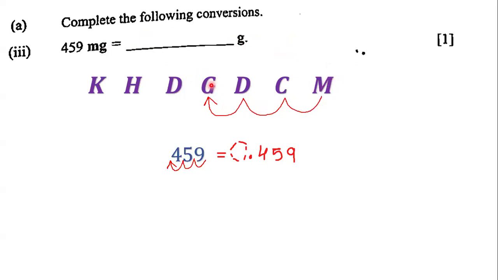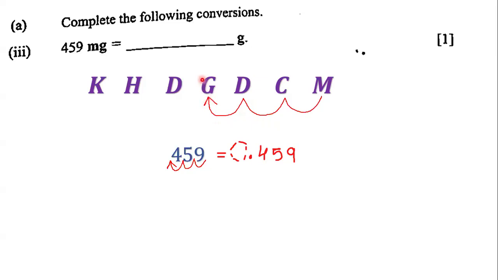What do you think the G stands for? Grams. Very good. So we're moving from milligrams to grams. That makes sense to you? I guess. Okay, so how many times are we moving? We move over 3 times.